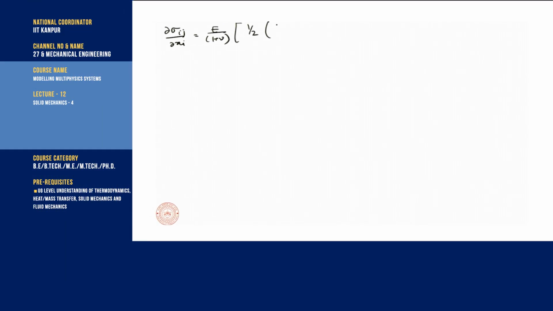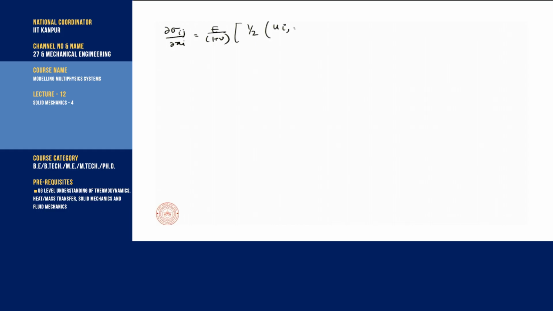Okay. So, let us write it down again, del sigma ij by del xi is equal to E over 1 plus nu, 1 half of u.